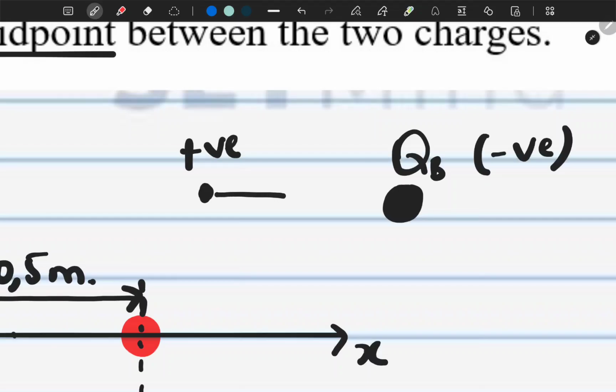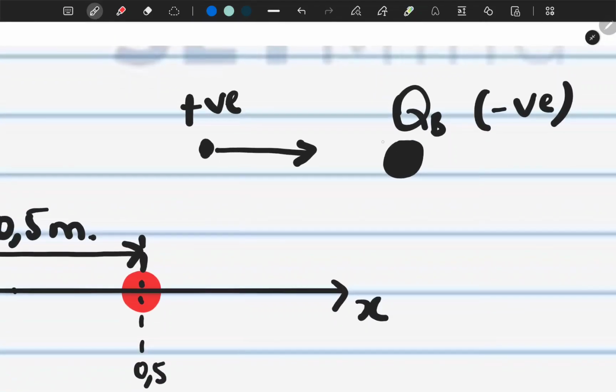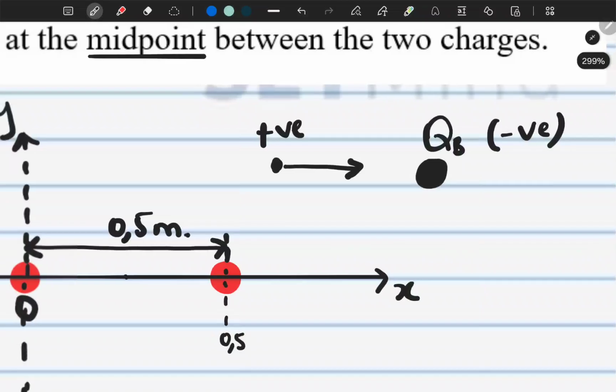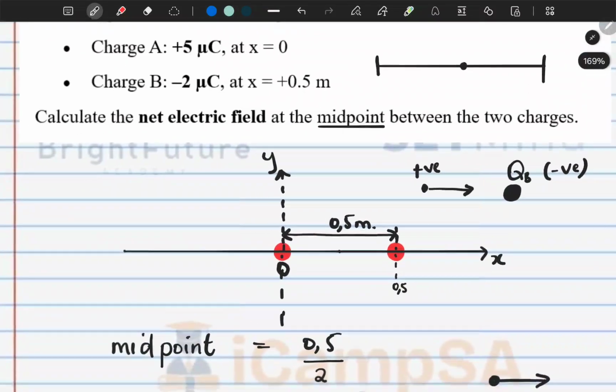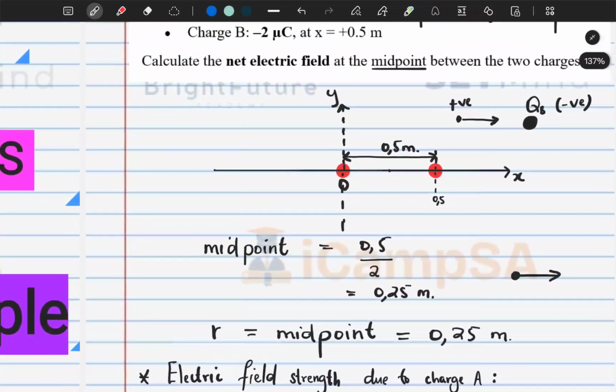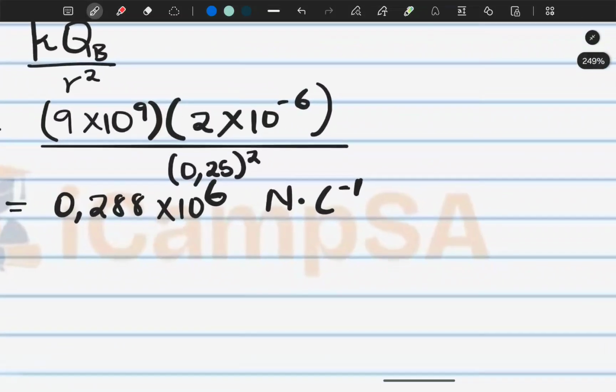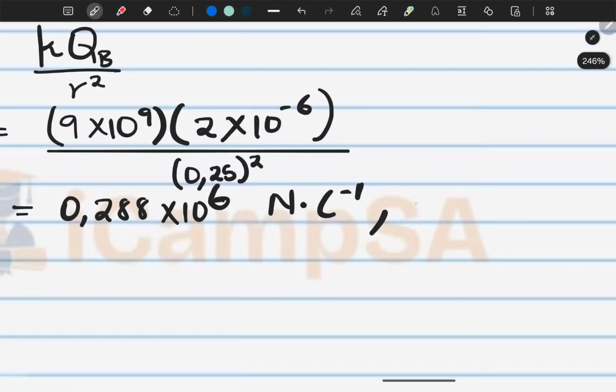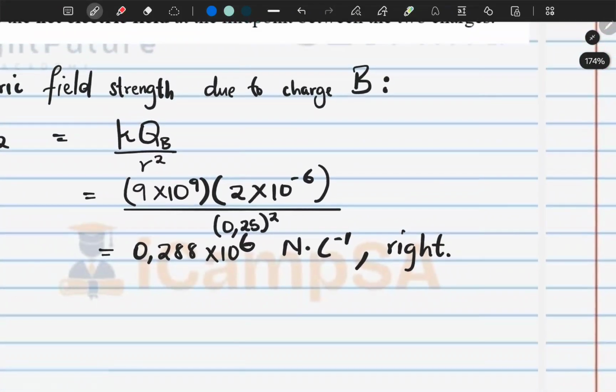It would be attracted to QB, which is still to the right, fortunately for us. QB would also be attracted to this test charge, but now we are concerned with the direction of the test charge. So we know that the direction of the field produced by B is to the right. That's how you do it.